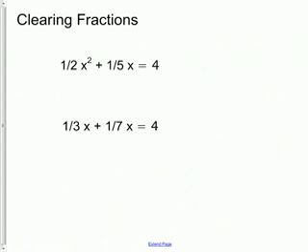Another important skill you need to know is clearing fractions. As you're getting to these problems, there'll be some with fractions in them that are just kind of a bear, but I want you to understand how to clear them and make the problems so much easier. If you know this method, you don't have to mess with nearly as many fractions. All right, I'm going to show you something, and I'll see if you agree with the statement. Would you agree if I said 2 plus 3 is equal to 5?